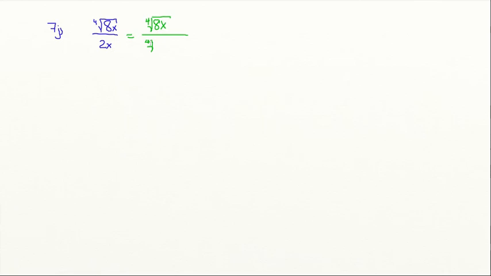Well, we need 4 of those, so we're looking for groups of 4. 2 times 2 times 2 times 2 is 16. X to the 4th, we have 4 x's. So now we can write this as a big radical.